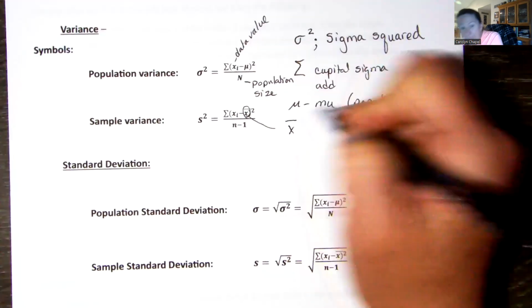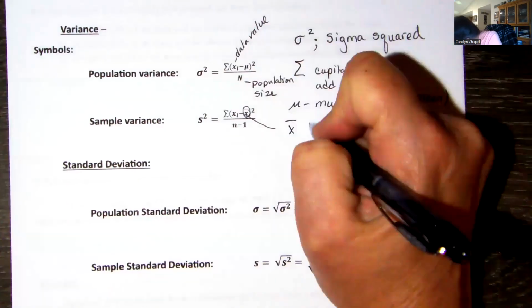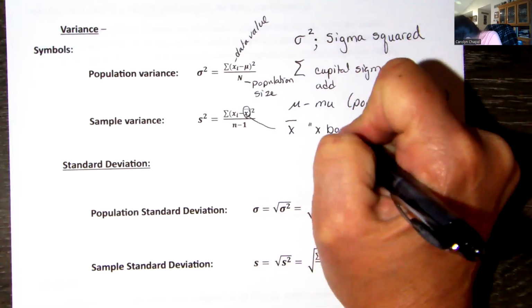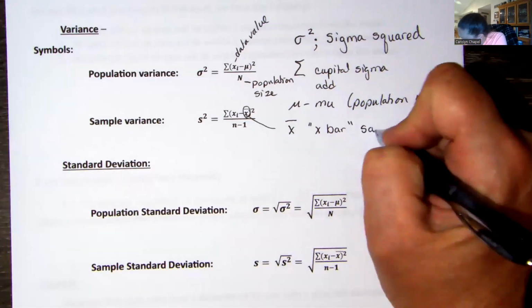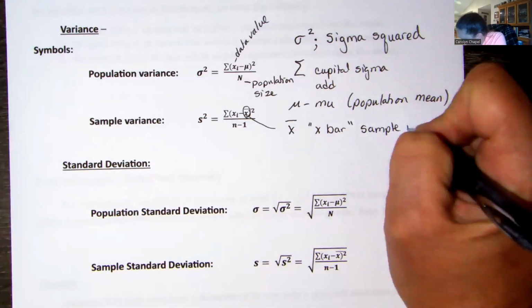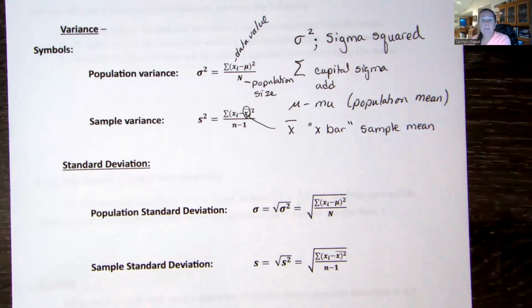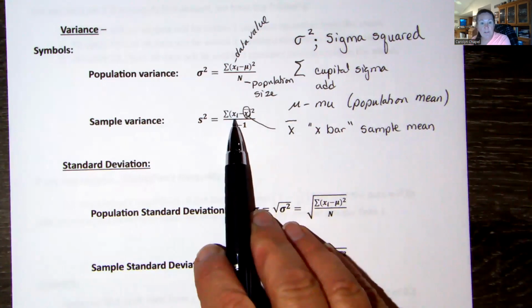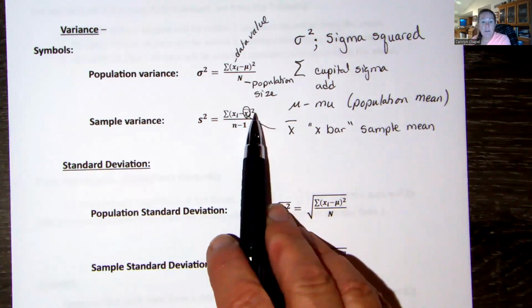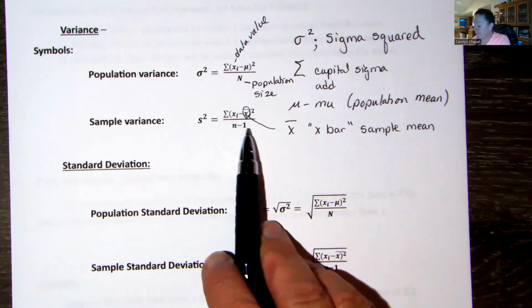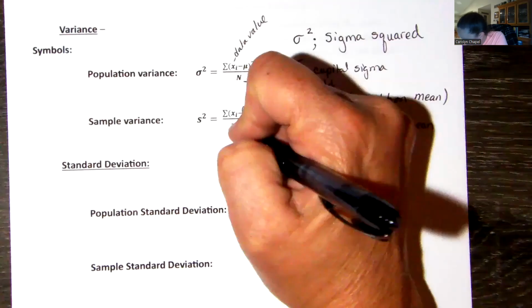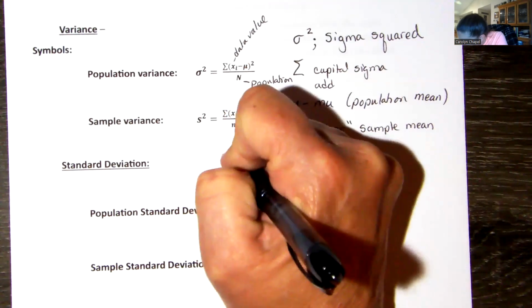Remembering that x bar, I'll remind us how we read that, is our sample mean. So we would calculate the sample mean, subtract it from our x's, get all those values, and then we're going to square them. We're going to add them all up, and then we divide by n minus 1. Now, n is our sample size.